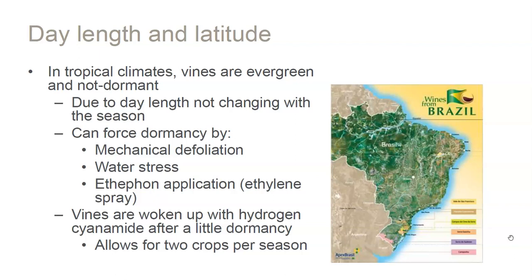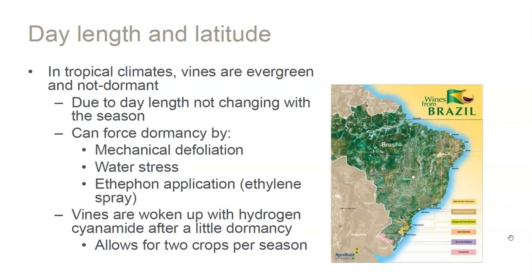Because you want to get more crop. So you need to go into some kind of dormancy and then wake the plant back up. So they do have a wine industry, and this is why most grape growing happens between 30 to 50 degrees north and south, so that you can get that dormancy. If you're equatorial, then you don't go into a dormancy. So you need to force it.